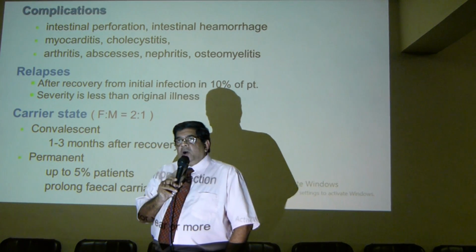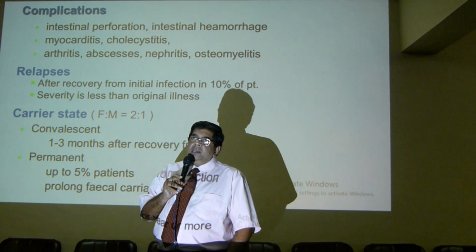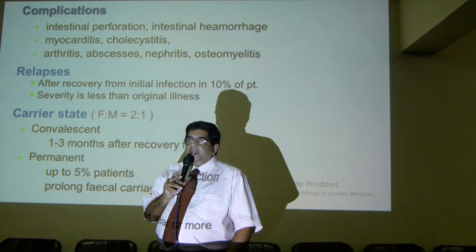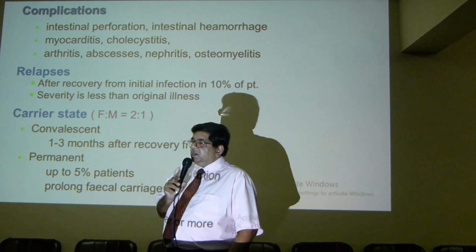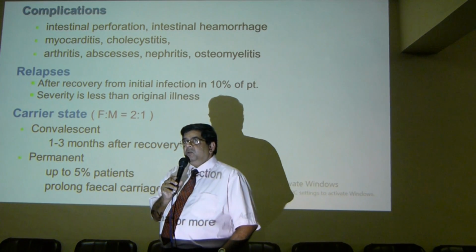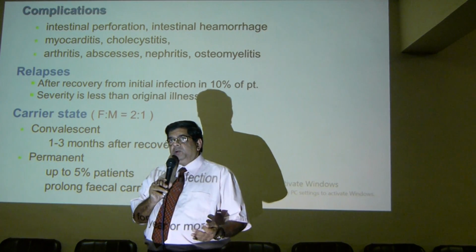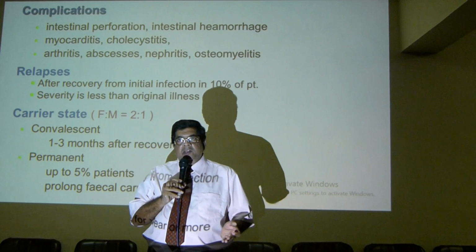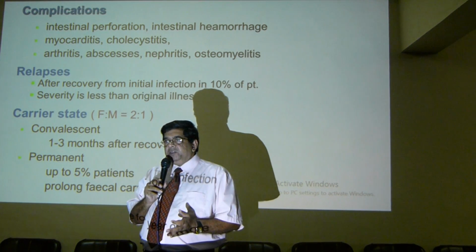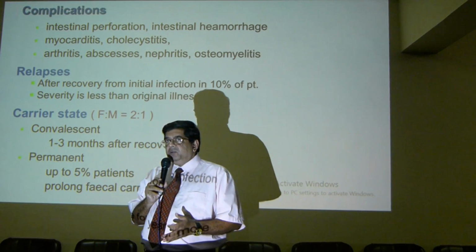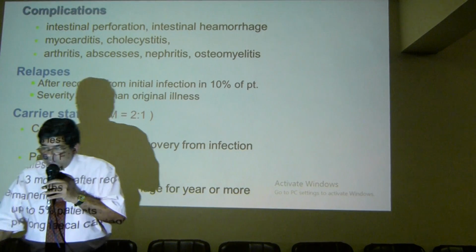Permanent carriage could occur in about 5% of patients, and that is of course declared by more than 1 year of carriage in the intestine. So if we are to rule out that there is permanent carriage, that means we need to do 6 consecutive negative stool cultures, for us to rule out that there is fecal carriage which is permanent.